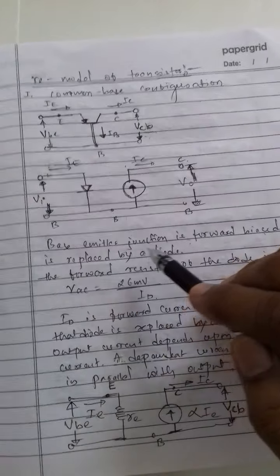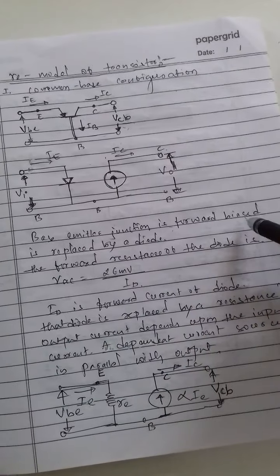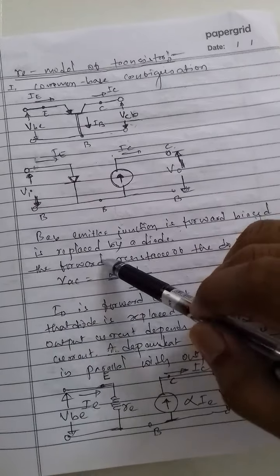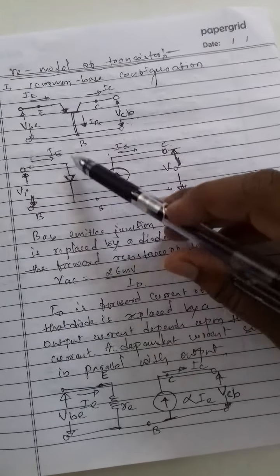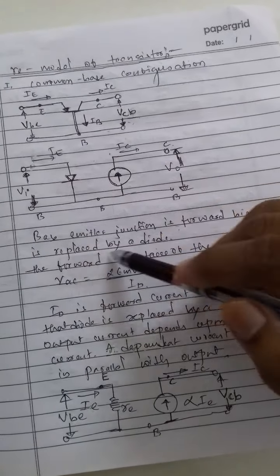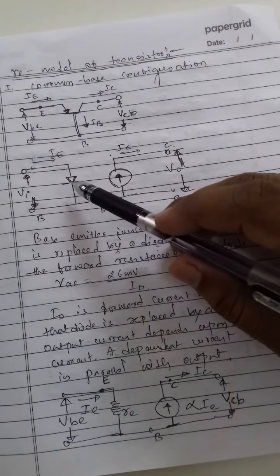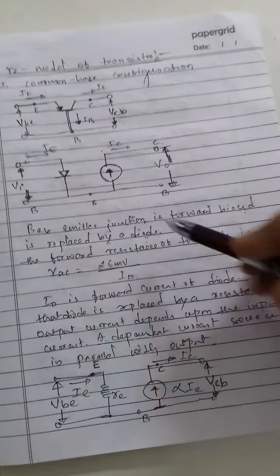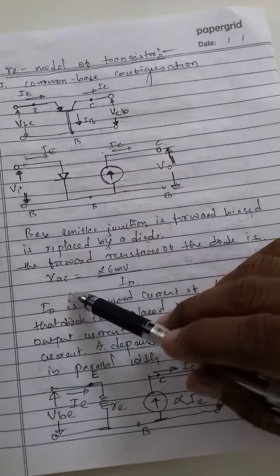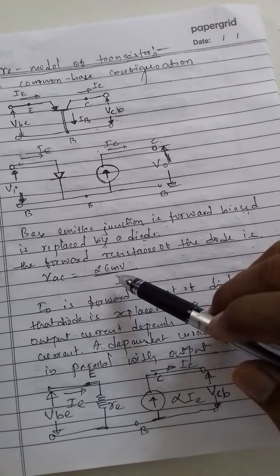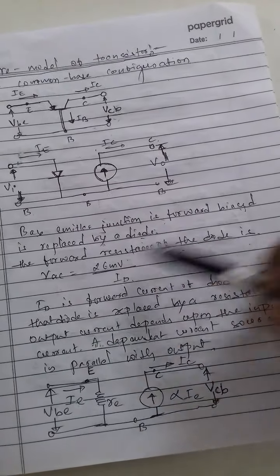Here the base and emitter, and here the base and the collector. The forward resistance of the diode, rac, is equal to 26 millivolts upon ID, where ID is the forward current of the diode.